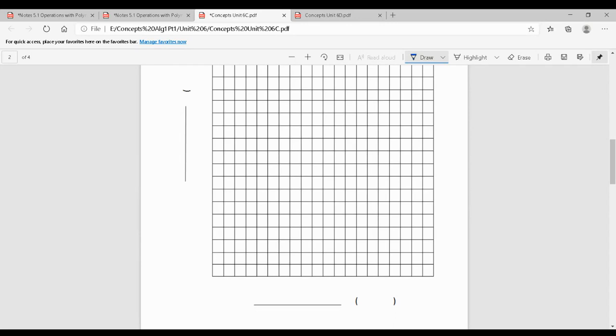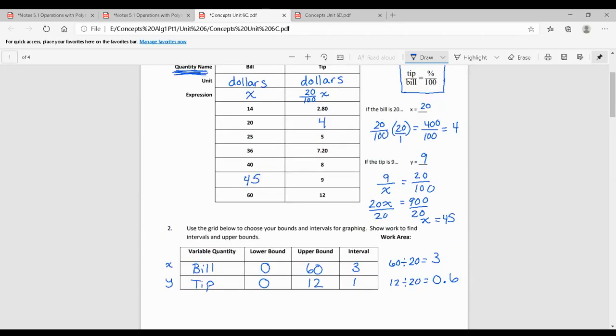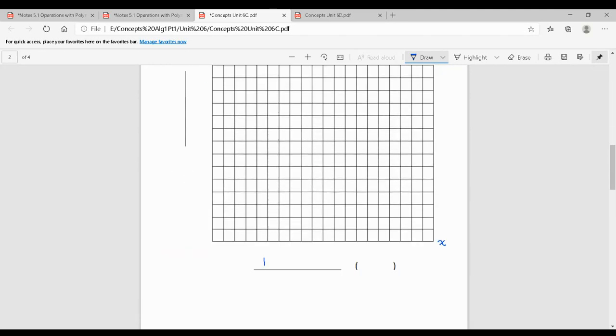On the bottom or up and down on the side? Bottom. So X is on the bottom. What that means is you need to take that first column and put it there, which is Bill. I had a lot of folks on last week's test flip-flop those. So you put your Y variable on the x-axis. We don't want to do that. We need to be consistent, okay?